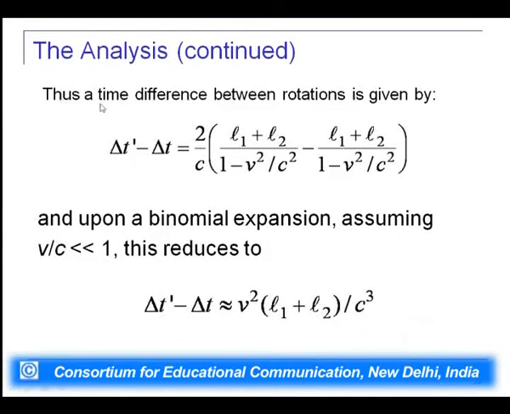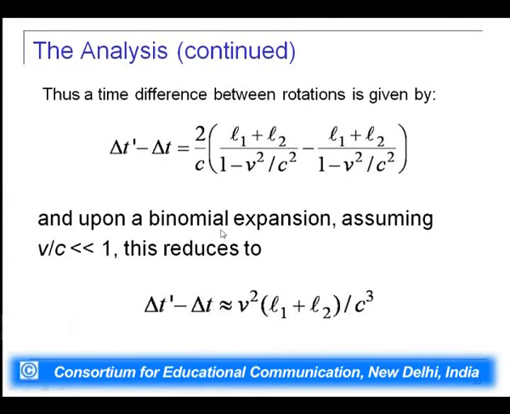Now the time difference due to rotation is given by delta t dash minus delta t. What is the effect of rotation? Here we are considering both the time periods, one at 0 degrees along the ether and one perpendicular, meaning at 90 degrees to the ether. The time difference is defined as 2 by c times L1 plus L2 divided by 1 minus v square by c square minus L1 plus L2 divided by root of 1 minus v square by c square.